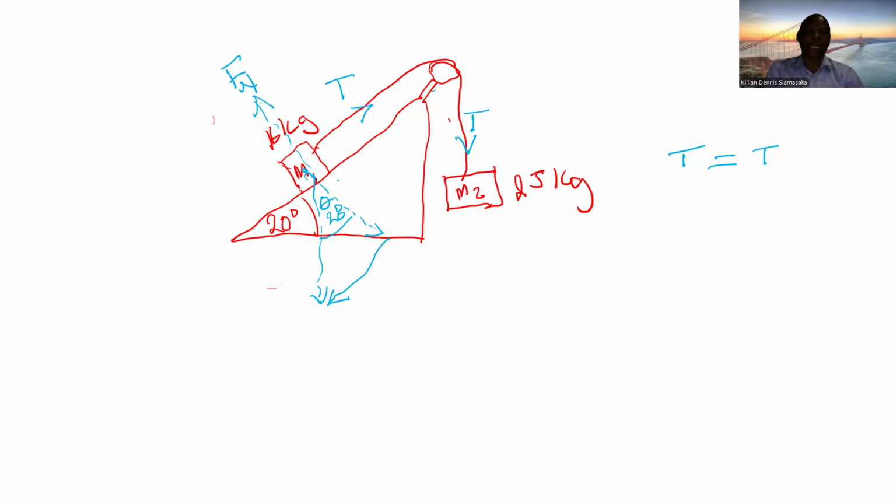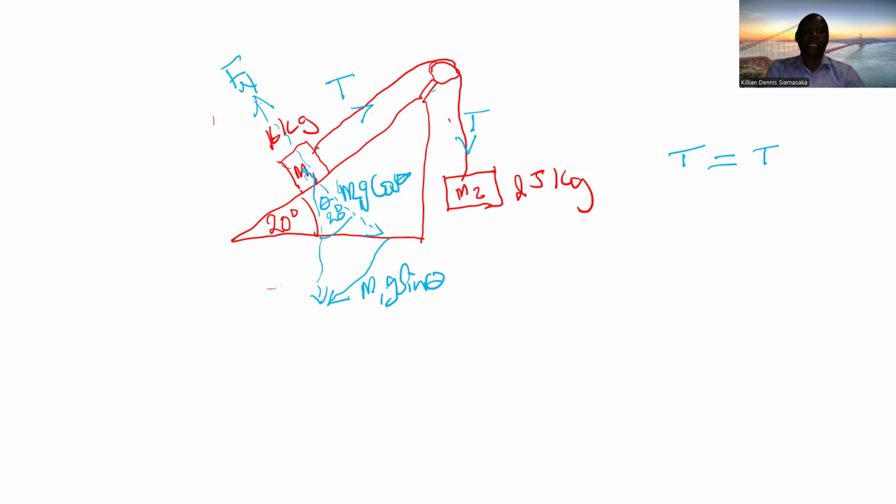This side, which is the same as the normal force, will be mass 1 multiplied by g cos theta, because it is adjacent to this plane. Similarly, this one will be mass 1 multiplied by acceleration due to gravity sine theta, meaning this angle 20 degrees.